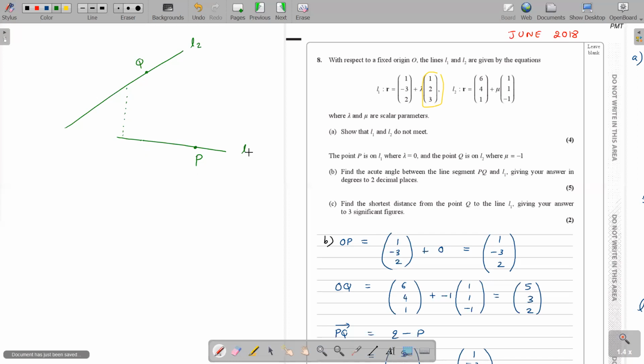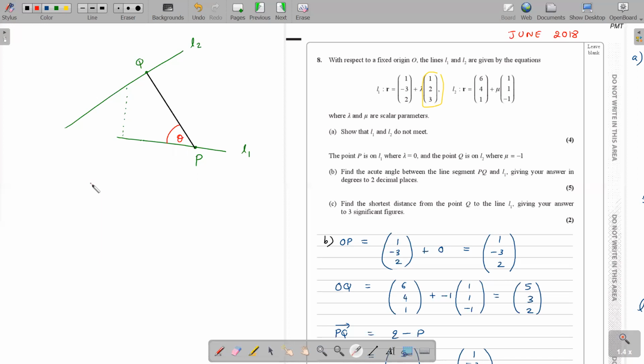Okay, point P is on line 1. Find the acute angle between the line segment PQ and line 1. Then you draw the line connecting P and Q. And you have the acute angle between PQ and line 1. Am I correct? You already know this theta value. This is what you found in part B as 53.63. Yeah. There is a comment here saying skew lines.